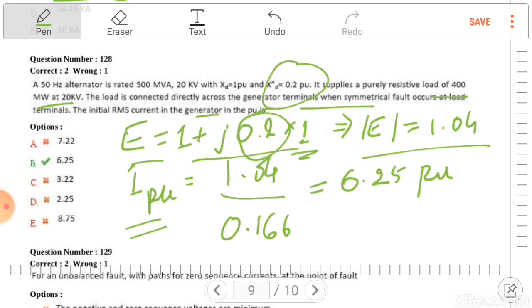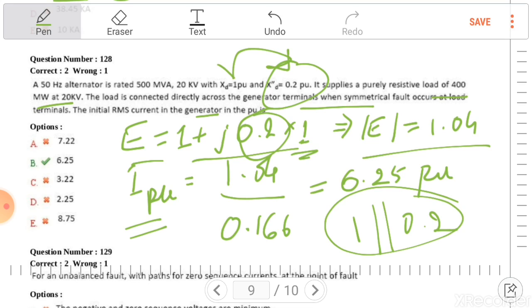Per unit fault current is 1.04 divided by 0.166. 0.166 is equal to 1 in parallel with 0.2. So the two reactances come in parallel, and we get 0.166. So the current per unit is equal to 6.25. Option B is correct.